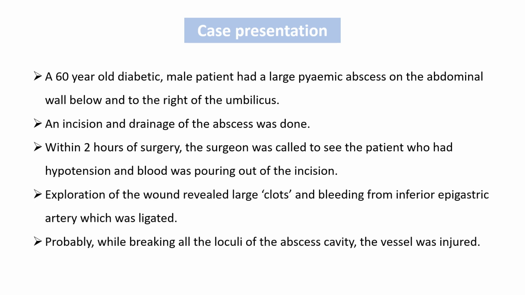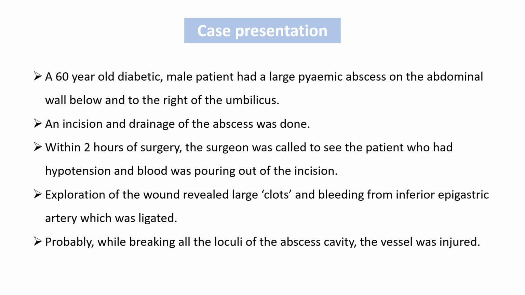When the surgeon came and explored the wound, it revealed large clots and profuse bleeding from the inferior epigastric artery, which was ligated by mistake. So that was the reason for the hypotension; it was because of the excessive loss of blood.